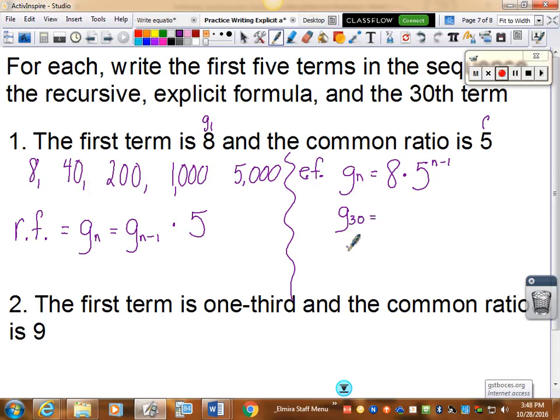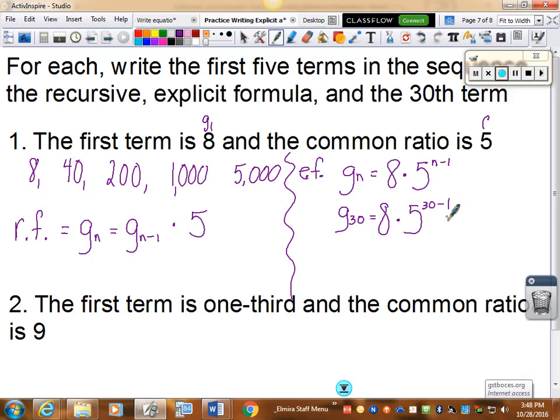Oy vey, I think this is going to be enormous. I haven't done it yet, but it's going to be huge. 8 times 5 to the 30 minus 1 power. Okay, this number is going to be huge. I'm not even sure the calculator will like it. 8 times 5 caret 30 minus 1.